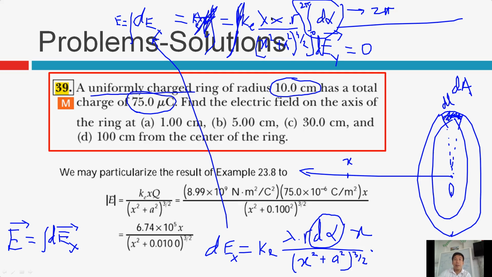So you just substitute here. And remember, 2 pi multiplied by r multiplied by lambda. 2 pi multiplied by r is the length of the circle here, right? The length of the ring. And when you multiply this length by the charge density, you have Q. Okay. So after that, you obtain the result here.